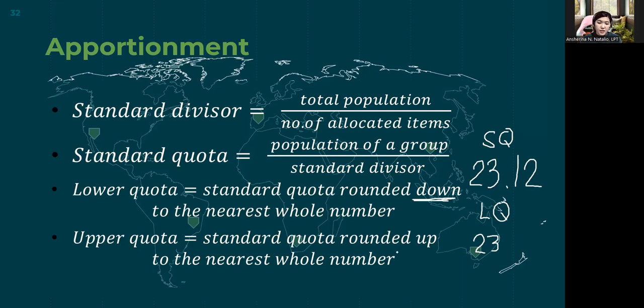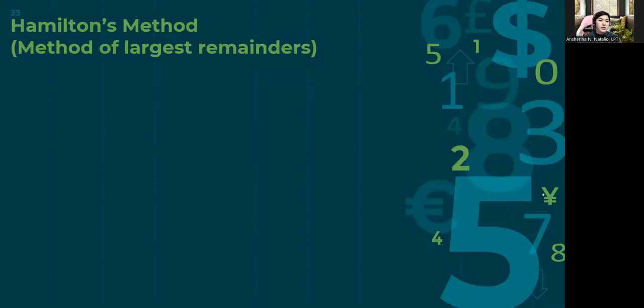Ang upper quota naman is the standard quota rounded up to the nearest whole number. So, ang ating upper quota dito would become 24. Okay? So, it's just a matter of rounding down and rounding up, no matter what your decimal place is, or no matter what the hundredths and tenths places are. Okay? Alright, sige, let's try it first in Hamilton's method.